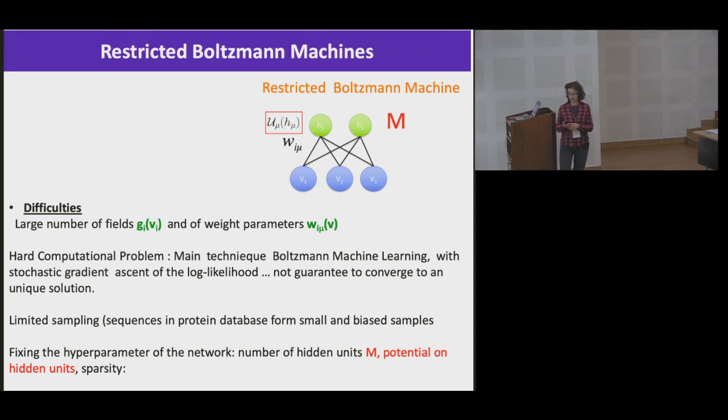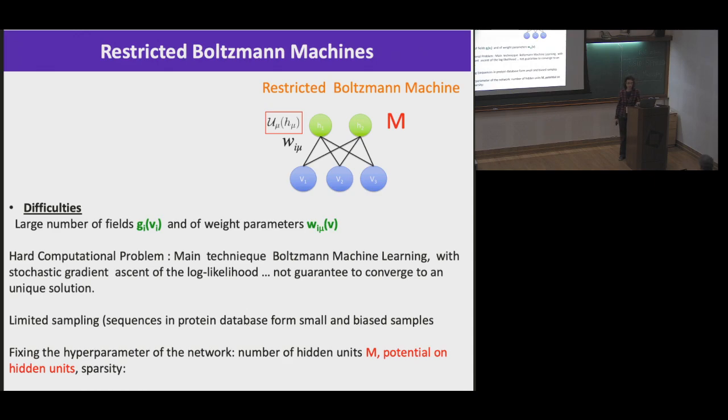Also the sparsity on this weight vector may be very important in the case of limited data. Once we have fixed the hyperparameters of the network, we infer these fields and weight parameters by stochastic gradient ascent of the log likelihood. This is also a difficult problem because it's not guaranteed to converge to a unique solution.